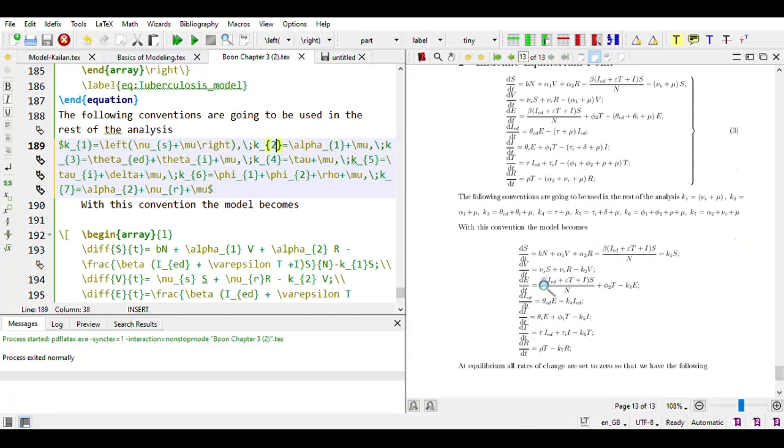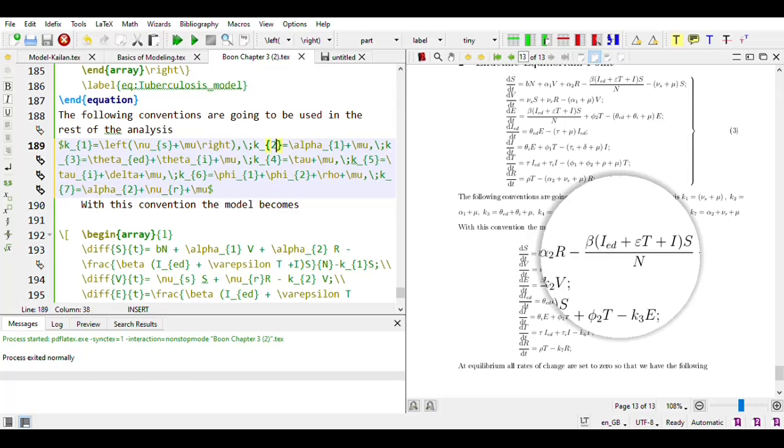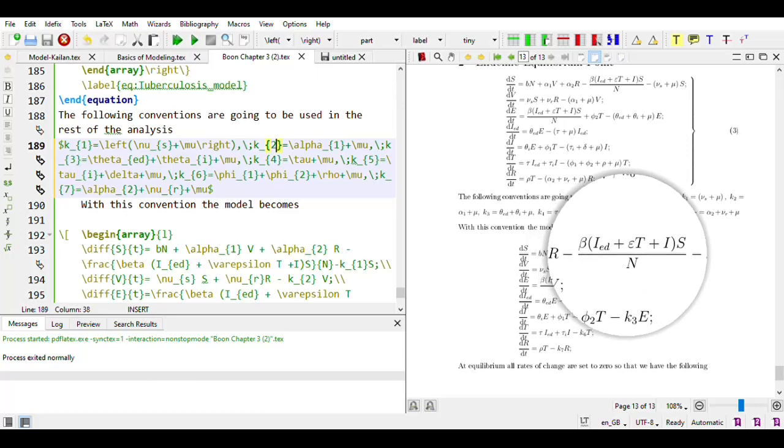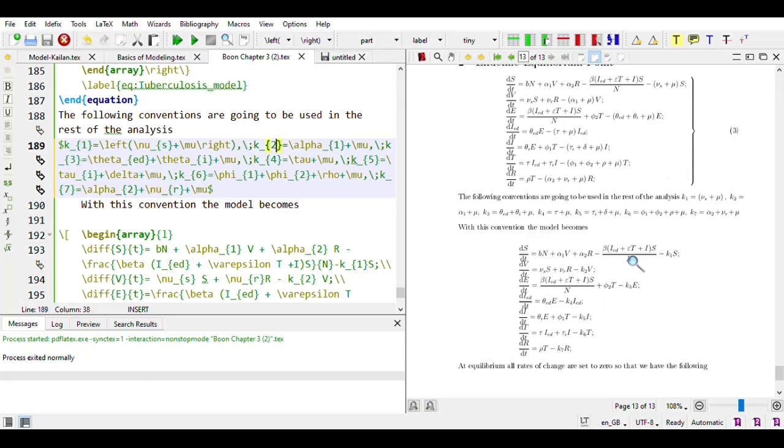Also, because of the nonlinear nature of the force of infection, it often makes it very difficult to find the endemic equilibrium explicitly. As a way around it, you can set the force of infection, in this case beta (I_ed plus epsilon tau T plus I) over N, to some parameter, say m.